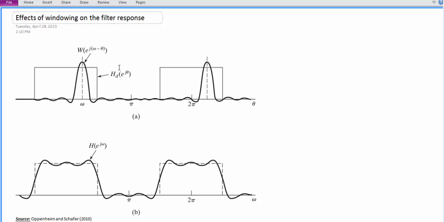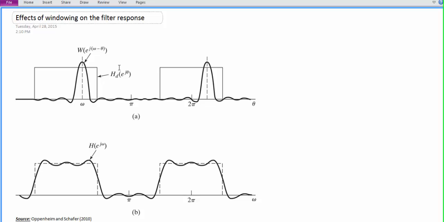Okay. So this is just a better graphical description of what I just said, which is that windowing is effectively you take the periodic convolution of your ideal filter with the discrete time Fourier transform of your window, and when you do that, the two effects are clear on this picture.